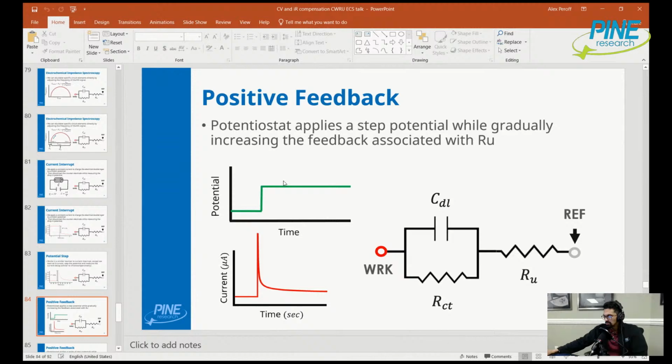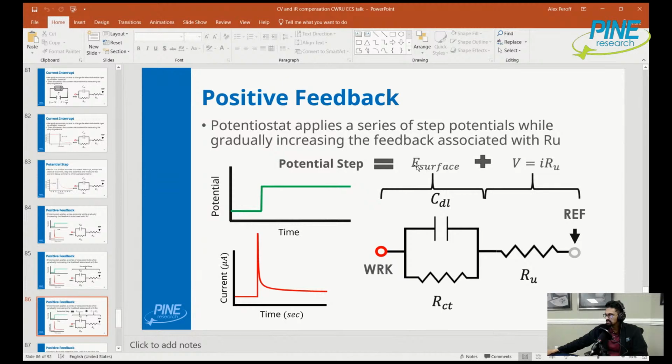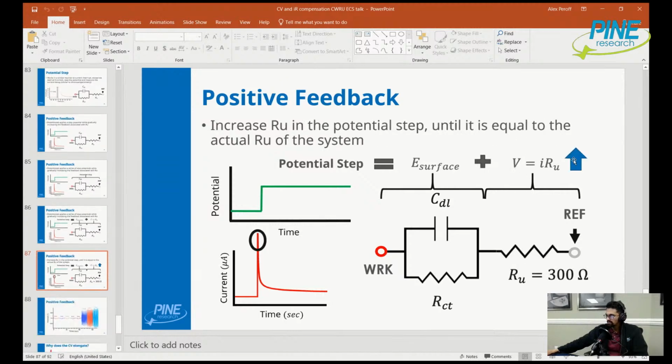Positive feedback is the way that a potentiostat compensates for solution resistance. Positive feedback involves applying a potential step while gradually increasing the amount of feedback that the instrument takes in. So the potential step is applied across the working and reference electrode. And that potential step is equal to the electrode surface component, and then the voltage drop, the IR_U. And so we keep increasing this value over time.